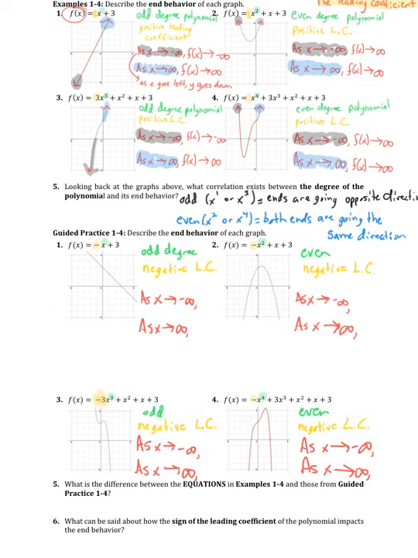So for the first one, on the left side, it looks like it's going up towards positive infinity. So we'd say f of x goes to positive infinity. On the right side, going down towards negative infinity. Okay. Problem number 2, I think that's a little easier to tell because it's going down on the left side, down on the right side.